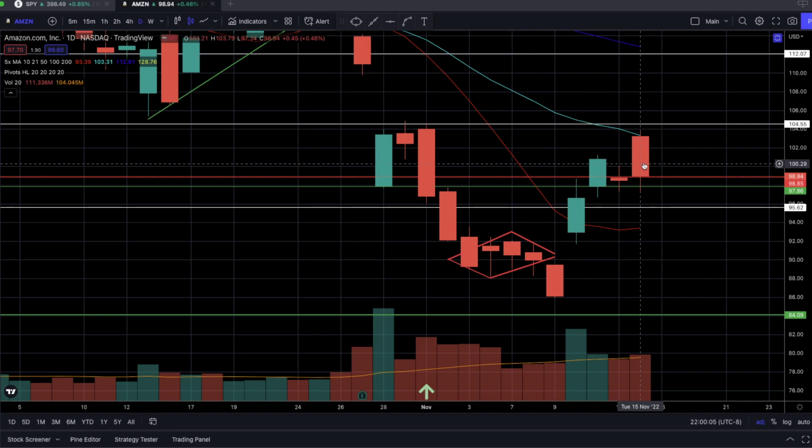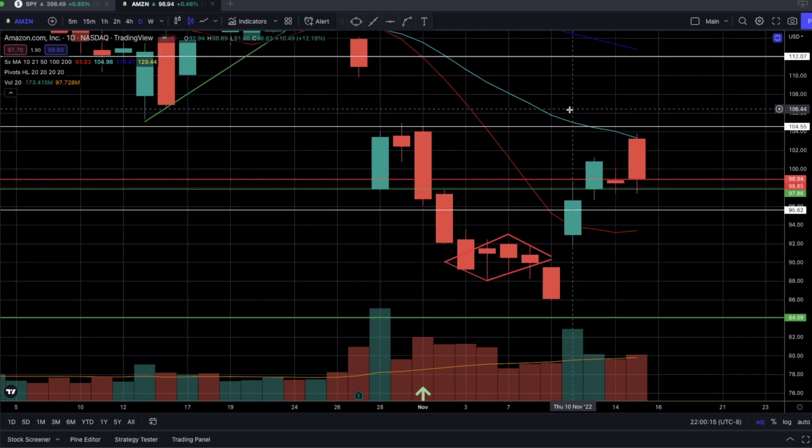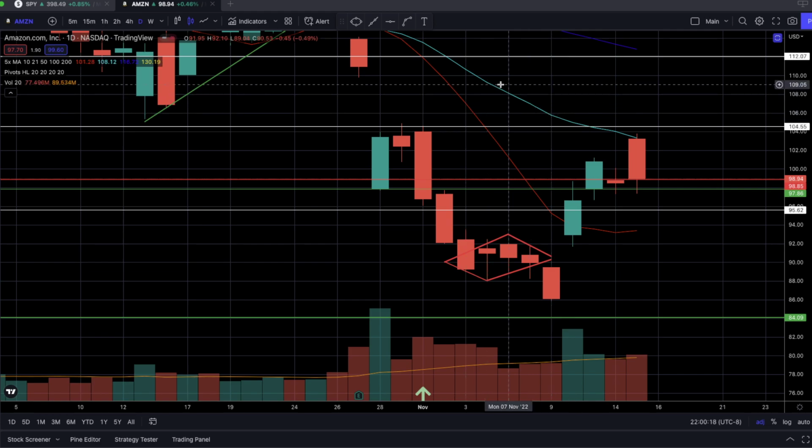All right. And we saw that retest on the 21 SMA right after market open. So on the 10 and 21 SMAs, we've been using these two momentum pair SMAs as a level of resistance.